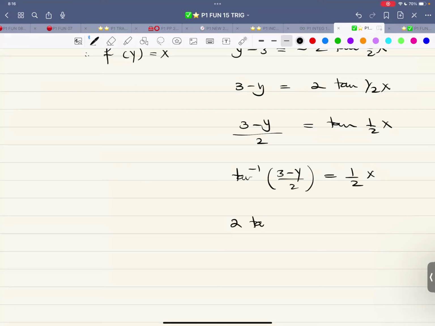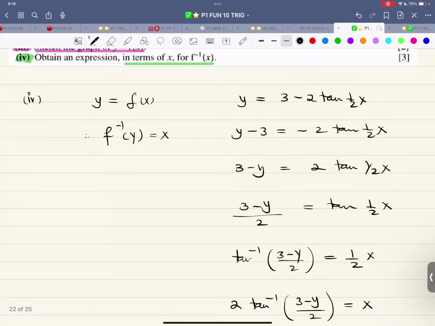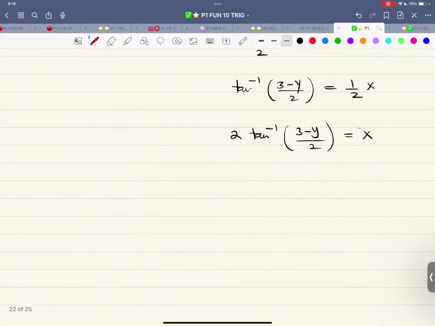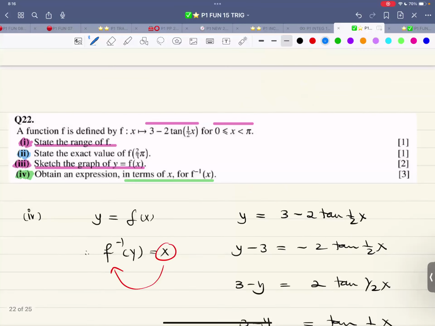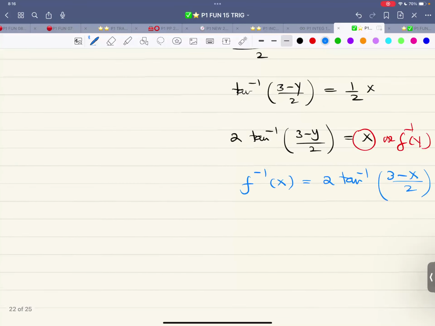Therefore, 2 tan inverse of (3 minus y)/2 equals x. What is x equal to? x is f inverse y. We have a habit of writing everything in terms of x. So f inverse x is 2 tan inverse of (3 minus x)/2. That is the answer for part 4, and it's for 3 marks.